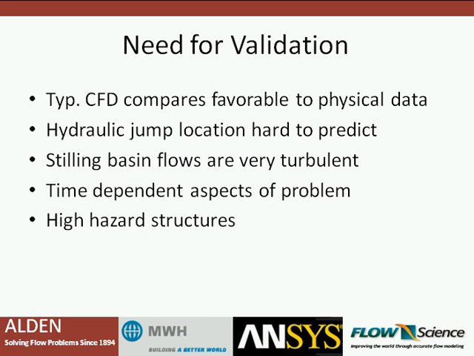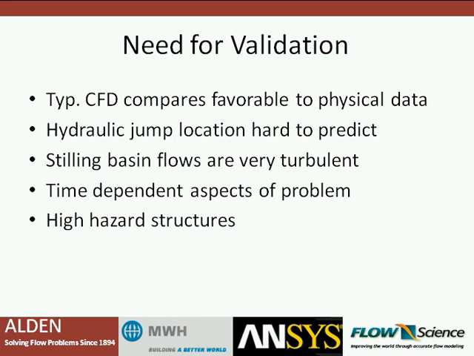Hydraulic jump locations can be somewhat tricky to predict in some cases. Stilling basin flows where there's extremely high turbulence, getting that captured correctly can be a little bit tricky. And then there's time-dependent aspects of the problems that are still being evolved, I think, in the CFD on how well they can be captured.